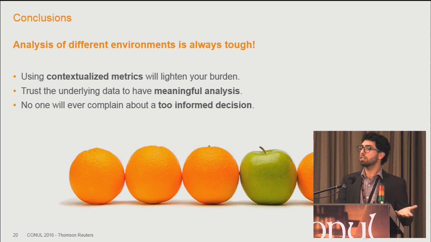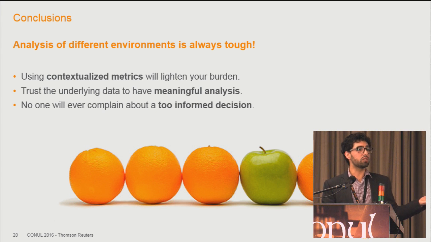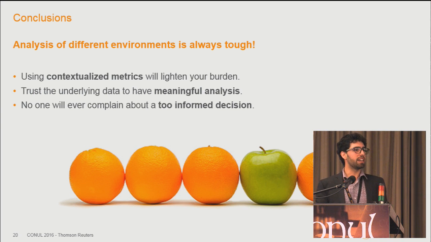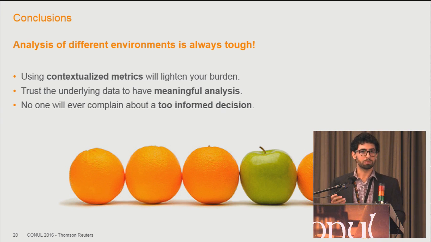Of course, you have to trust the underlying data your analysis is based on, because you can have all kinds of metrics, but if the underlying data is wrong, then there's nothing you can do with those numbers. And no one will ever complain about a too-informed decision. So it's always better to have more information, analyze it as you can, and then make your own decision than just playing it by ear.